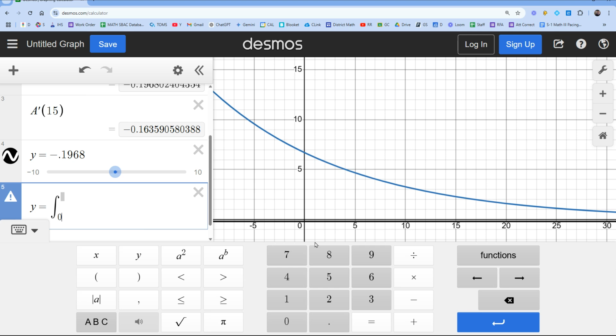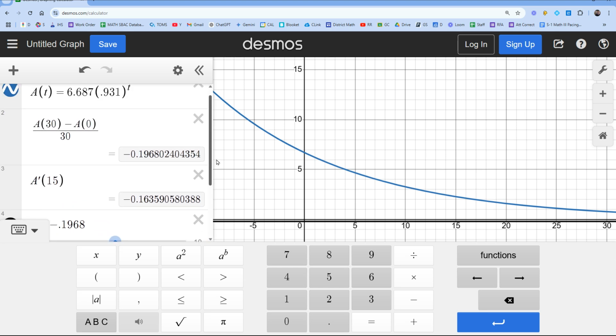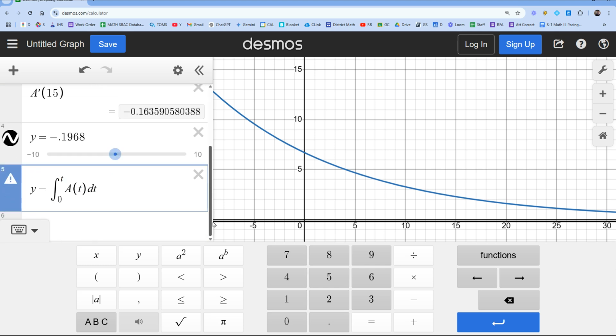And so from 0 to t, this is going to give me the amount of clippings. So the average amount of clippings rate is negative 0.196. So I want to know when that's equal to that number.